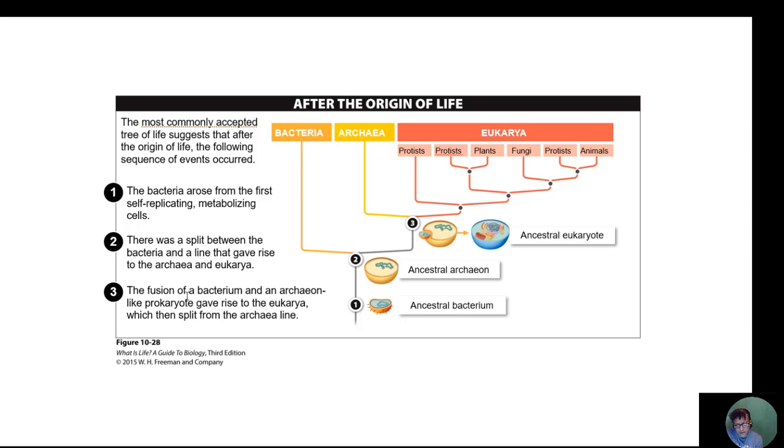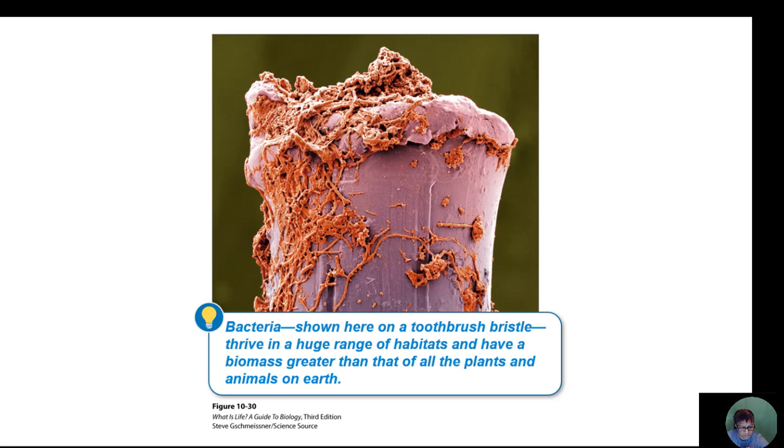And then you had this fusion of a bacterium and an archaea-like prokaryote that gave rise to the eukaryota. Remember, we talked about that before, which then split from the archaea line. And we have to remember that this classification is always changing as we learn more, right? But it's an attempt to try to classify and understand where different organisms fit in our classification.